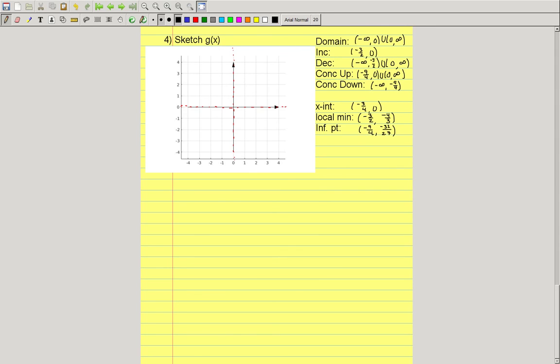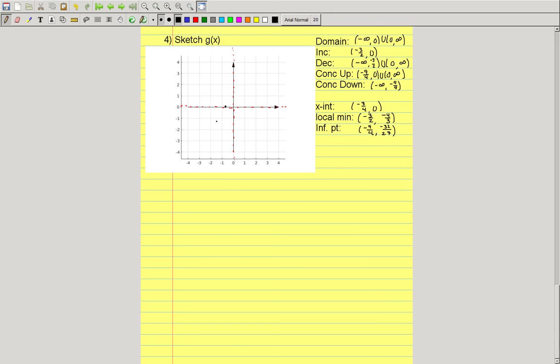Next up, we'll graph our x-intercept, which happens at negative 3/4. So it goes about there. And we have a local minimum at negative 3/2, negative 4/3. So it's going to be down around here.